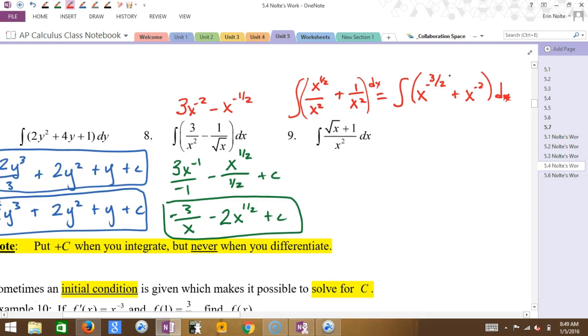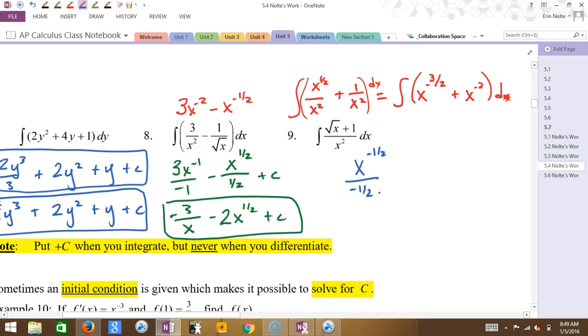Okay, so now I can integrate this. Okay, so what's the integral of x to the negative 3 halves? Ooh, okay. Okay, so we would have x to the negative 1/2 over negative 1/2, right?